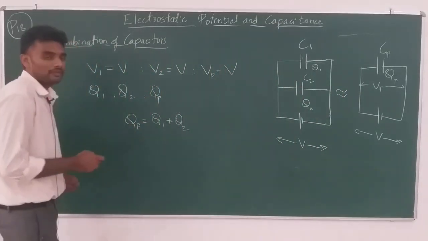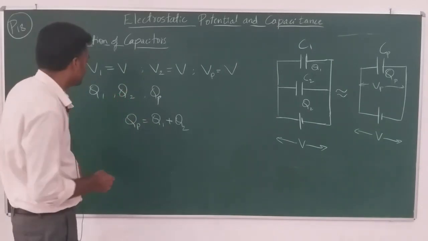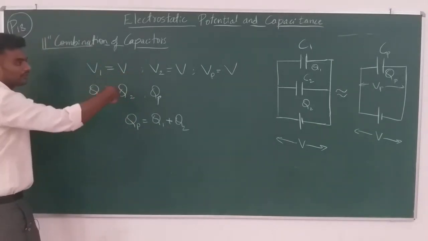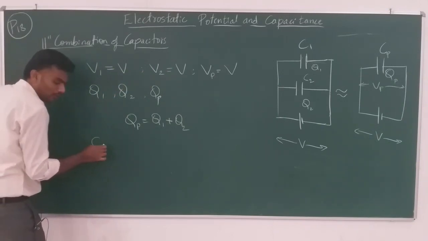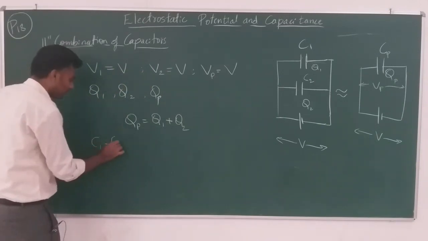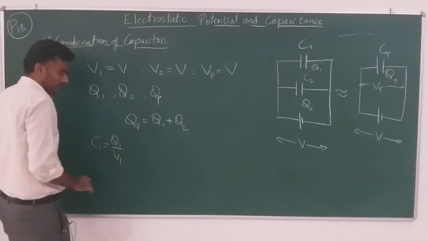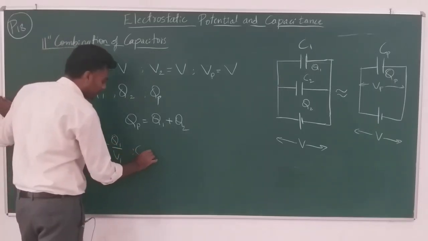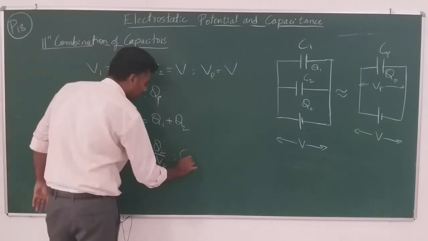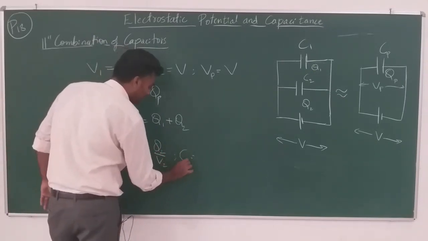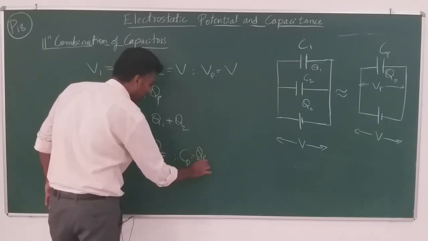Now think of the equations that we get when we write in terms of C1, C2 and CP. See, what we know is C is equal to Q by V, right? So C1 is equal to Q1 by V1, C2 is equal to Q2 by V2, and CP is equal to QP by VP.